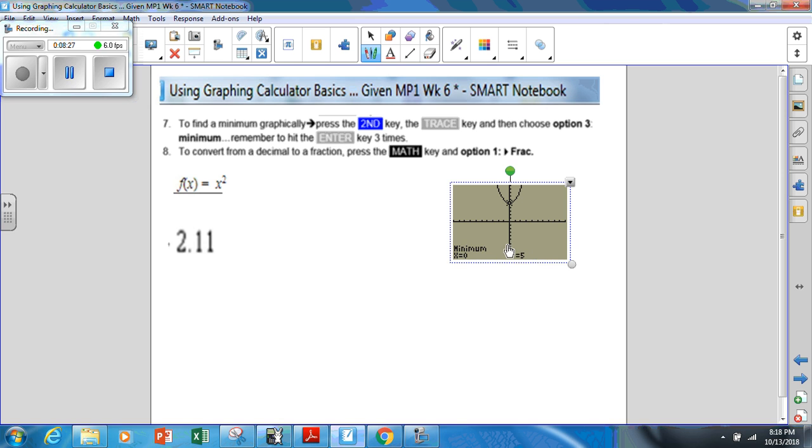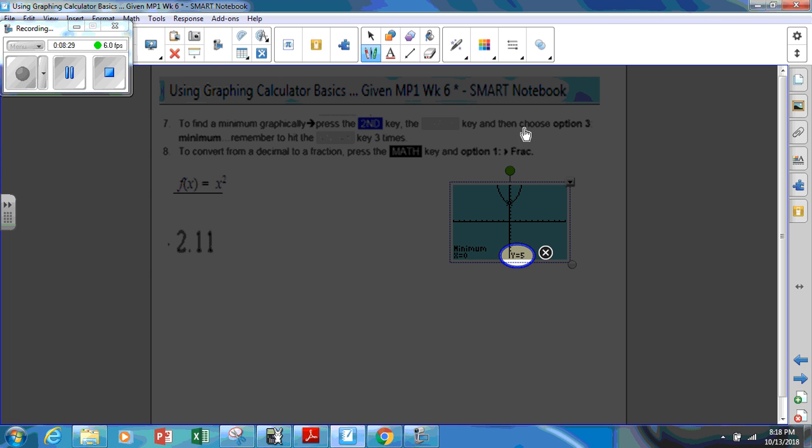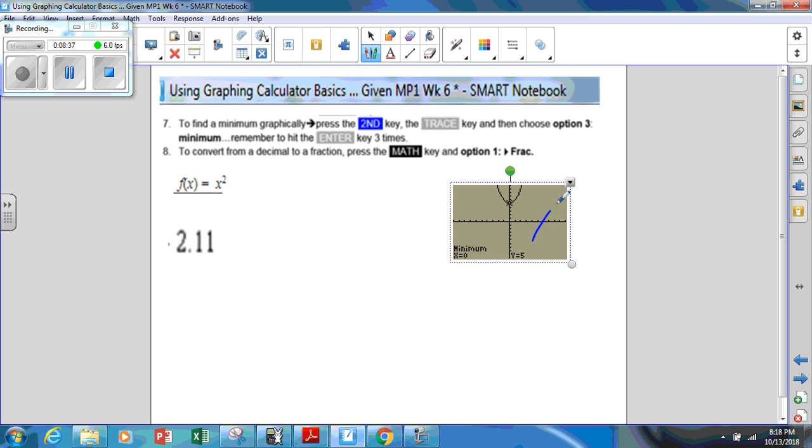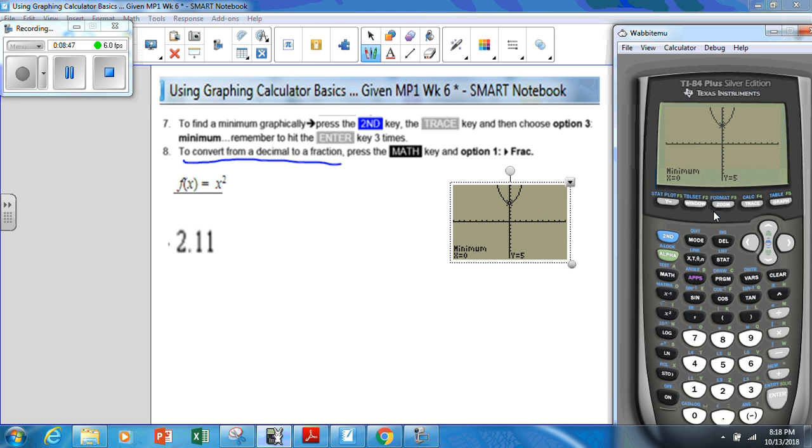Very easy. Now, I want to convert a decimal to a fraction. Very often we will get an answer, and the Regents exam will want us to do a conversion to test us and see if we know our calculator. So let's put in 2.11, hit the math key, and then option 1.